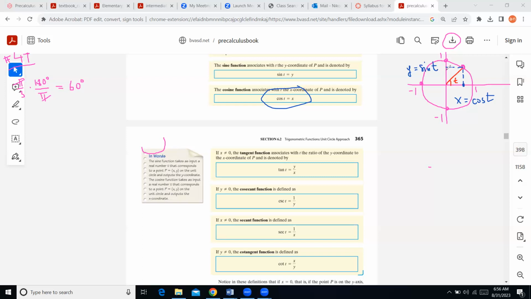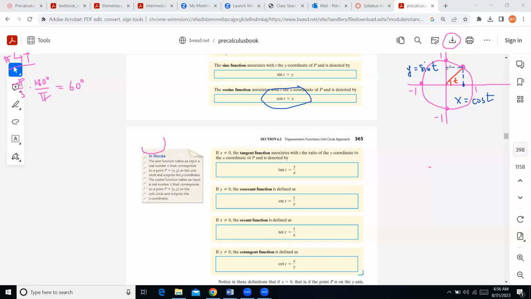So you need to remember definitions or to write them someplace, because the sooner you start to remember that cosine of an angle is nothing else but the x coordinate of that point on the unit circle, on the circle of radius 1, the sooner you remember it, the better you feel about this class.